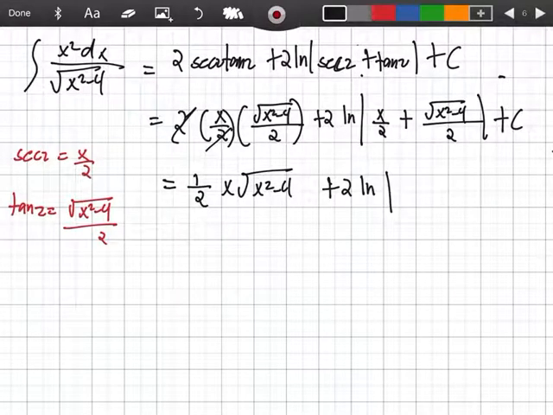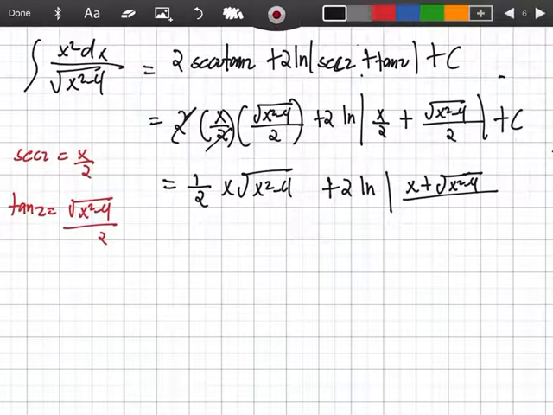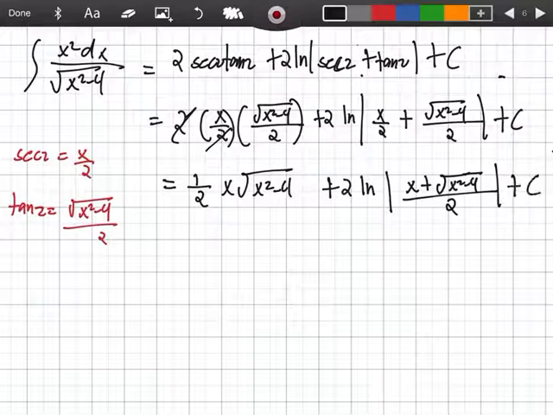plus 2 ln of x plus square root of x squared minus 4 over 2 plus c.